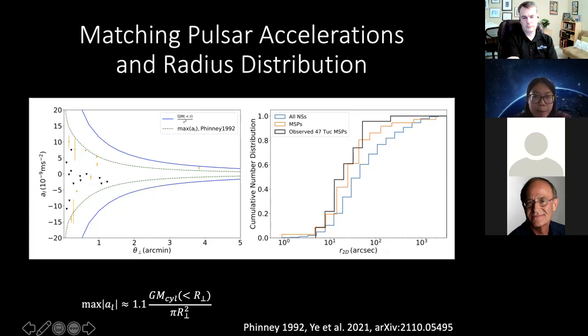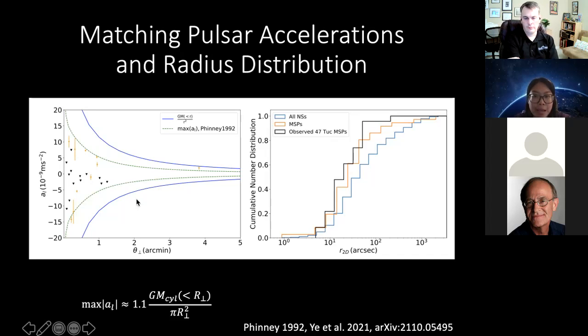So in the left panel, the orange dots and the black triangles show the observed pulsar line-of-sight accelerations. And the two green curves show the maximum model line-of-sight accelerations calculated with this equation here.